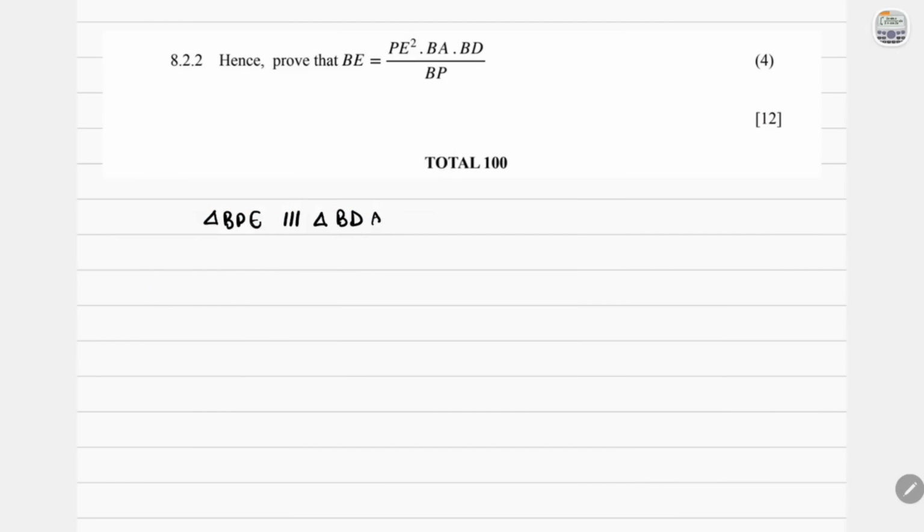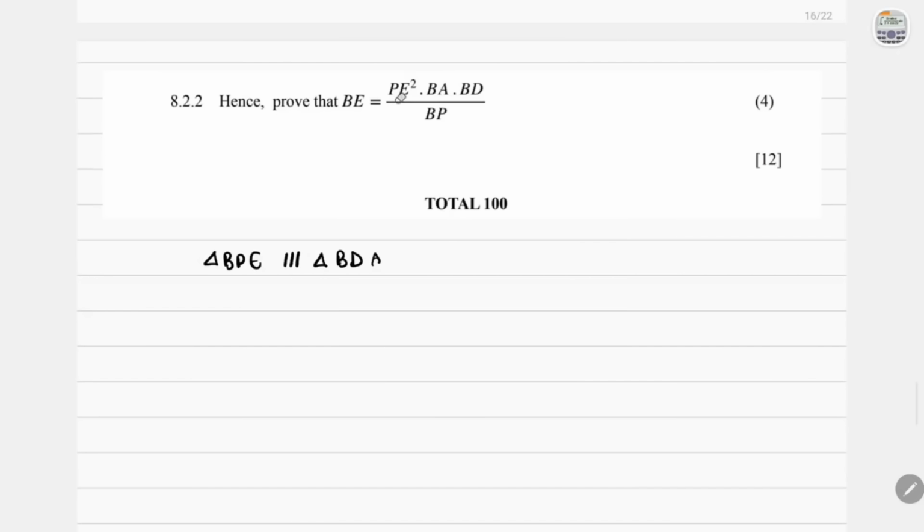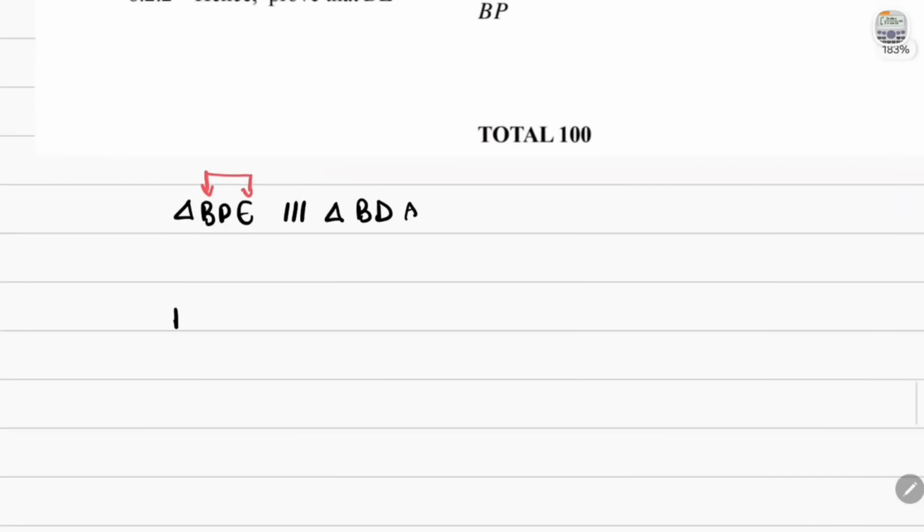Okay, so looking at this, let's start with BE, because BE is over here. BE came from the first letter and the second letter, so that side BE would go over BA, first and second in the second triangle as well.